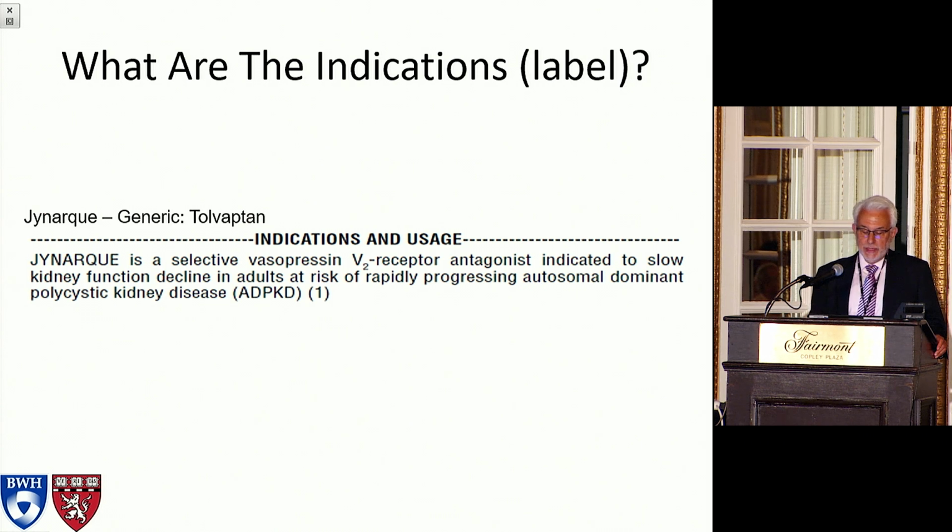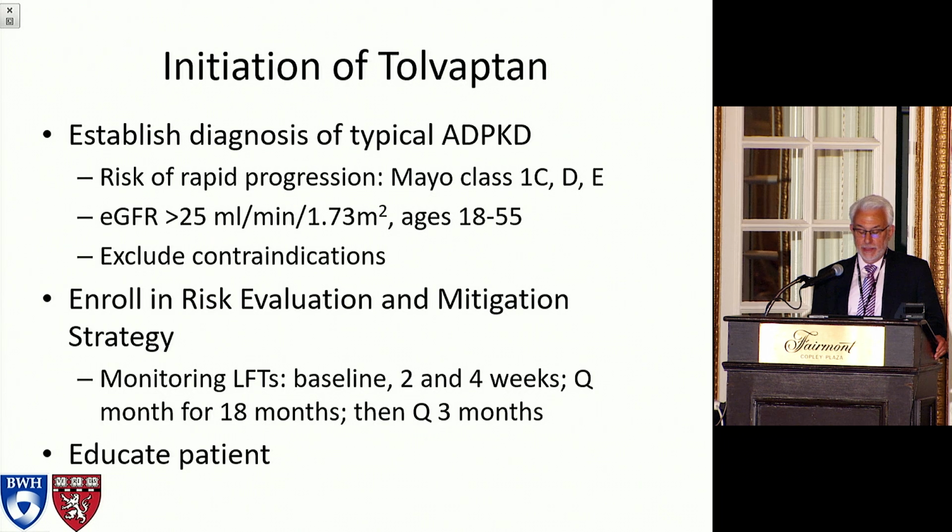This is a screenshot of the FDA label, reminding you that the generic name of Jynarque is tolvaptan. There's no generic manufacturers in the US at this time. Tolvaptan is a selective vasopressin V2 receptor antagonist indicated to slow kidney function decline in adults at risk of rapidly progressing ADPKD.